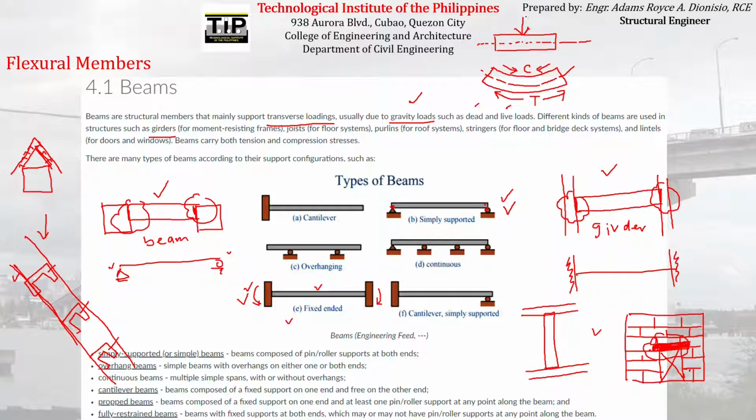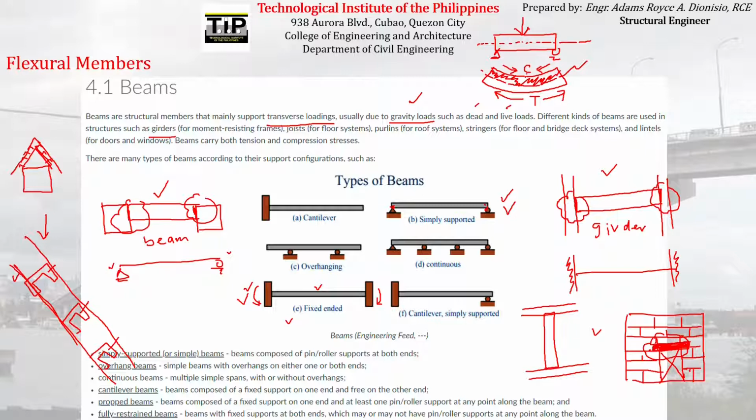Okay? So, every time nag-apply ka ng load diyan, kunyari simple supported beam lang 'to, matik magbe-bend yung beam mo. And then once na nag-bend 'yan, it can experience compression on the fibers above the neutral axis, above this. So, dito 'yan banda. Itong portion na 'to, it can experience compression.